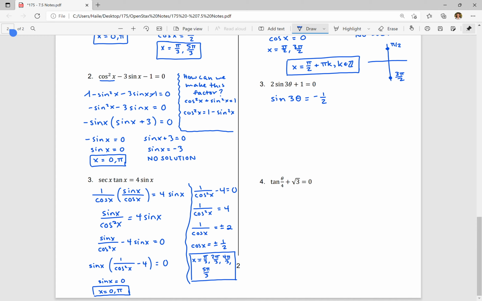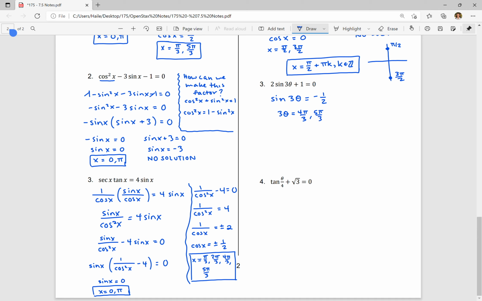So I want to keep solving this just like I would with any other equation. We're going to ignore the fact that we have a 3 theta for now. We're just going to play like it's theta. So if I was going to solve this, I'd want to ask myself what angle has a sine of negative 1/2. And that would be 4 pi over 3 or 5 pi over 3.